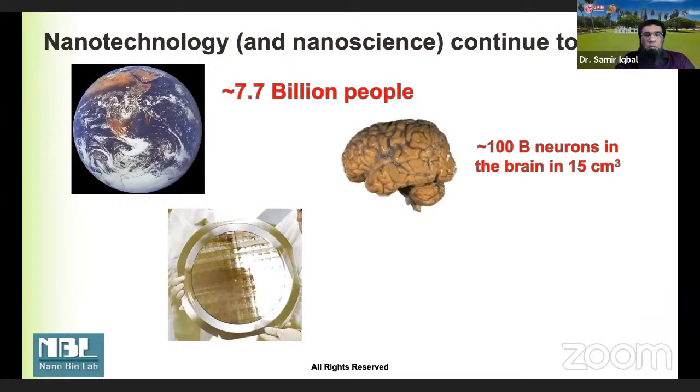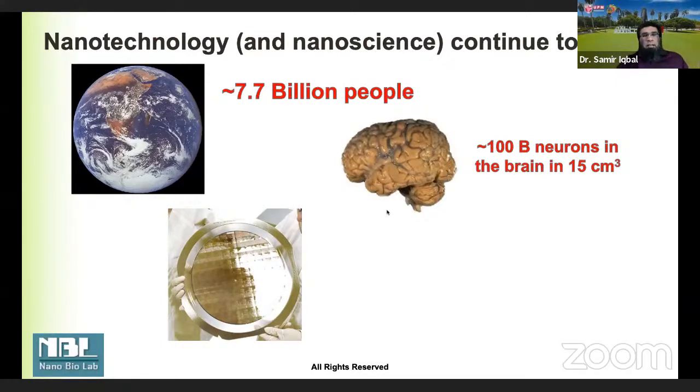Some say 7.8, about 8 billion people. And if you look at one small piece, a 15 centimeter cube of human brain, that has 10 billion neurons. Think about it, those are cells which are conducting charge, conducting data, and transferring information. That's the kind of density that nature has.